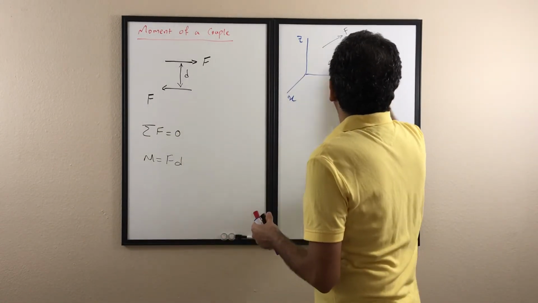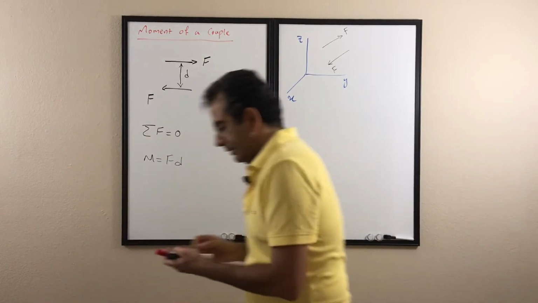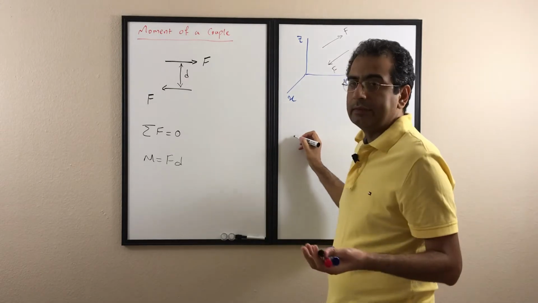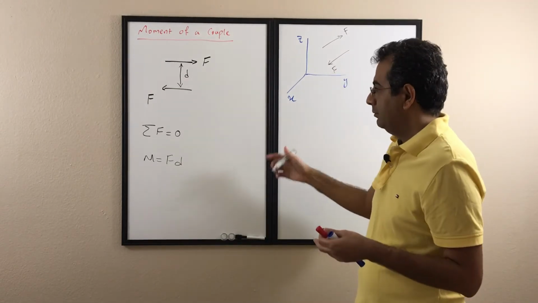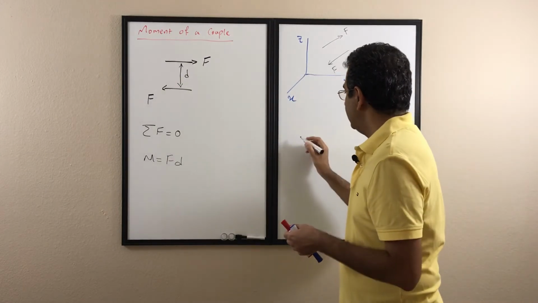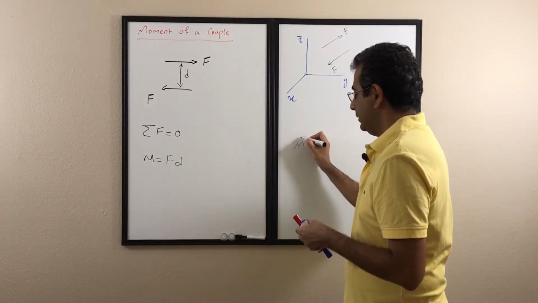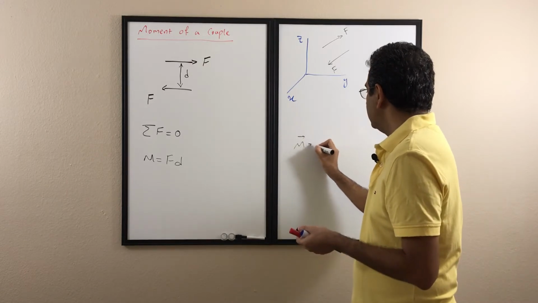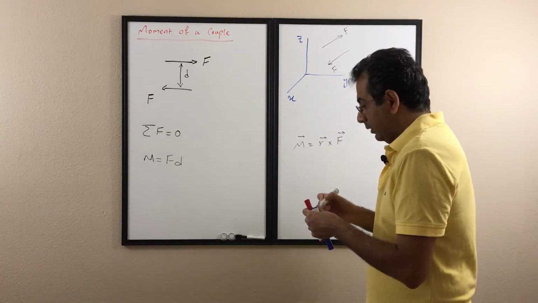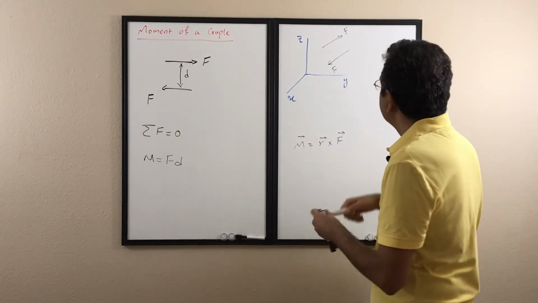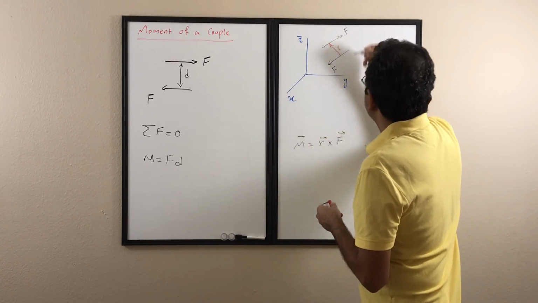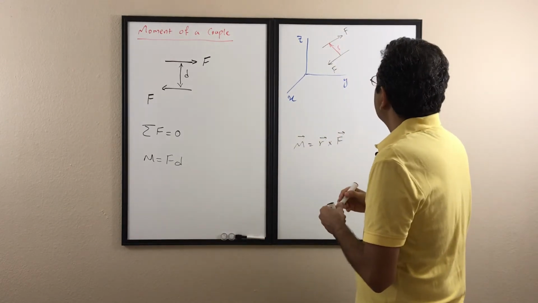In 3D, we calculate the moment in Cartesian form, like any other calculation we did. If we have 2D, we do it as a scalar. If it's 3D, we do it as a vector, and it's going to be r cross F, where r goes from one force to the other, for example from here to here.